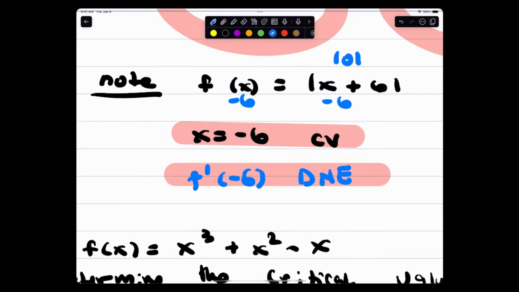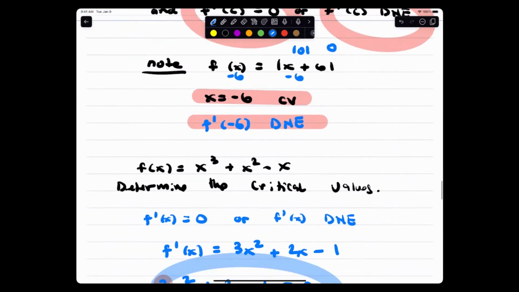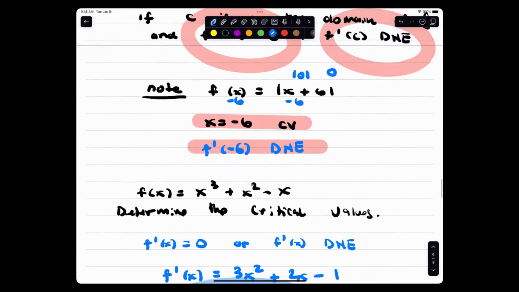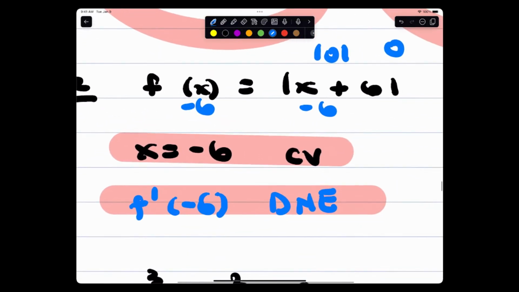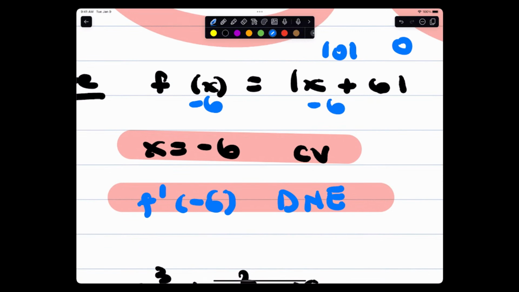The absolute value of 0 is what? 0. The function is defined at negative 6, but it's not differentiable. So that means it's your what? It's your critical value. That's why we said negative 6 was a critical value last time for the absolute value function there. Okay, but it has to be in the domain of the function to be a critical value.